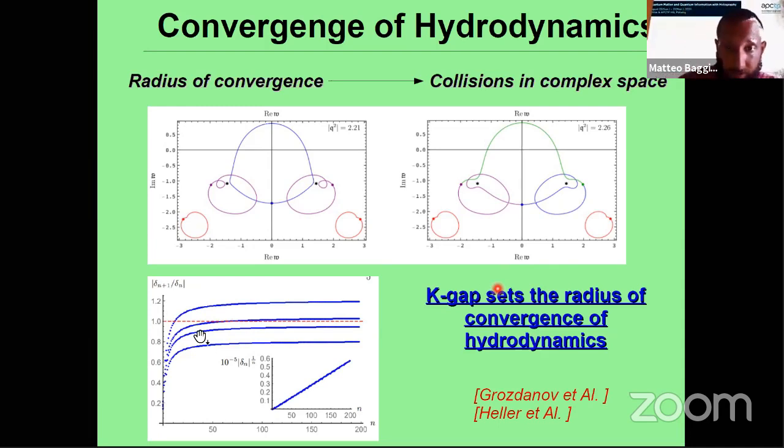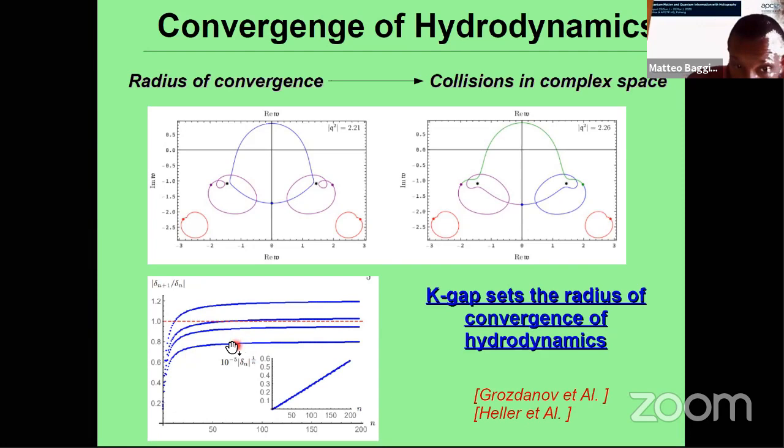So what you can see here is the following. First of all, you can see basically this collision in the complex plane. And here you can see a plot taken from this paper by Heller, which was this year's paper. What is shown here is basically the behavior of the coefficient as a function of n, so the order of the expansion.